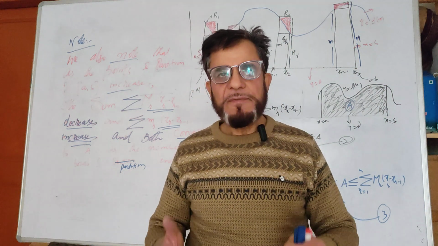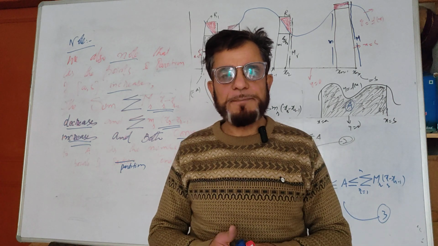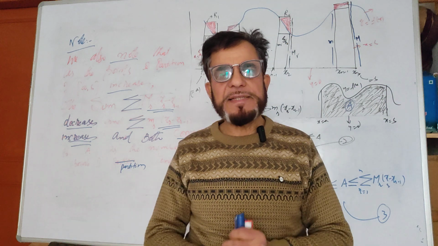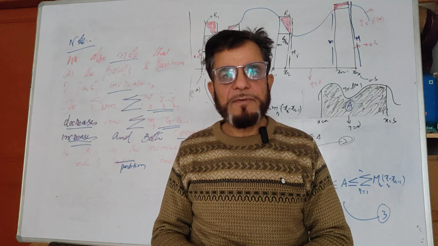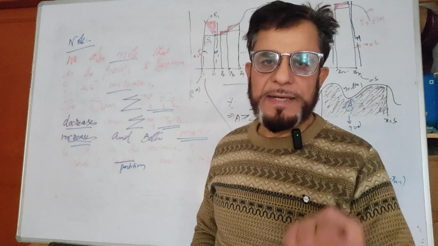And one more thing is, if we increase the points of partition, say points of partition tend to infinity, then there is a convergence concept that both the sums converge to area A.